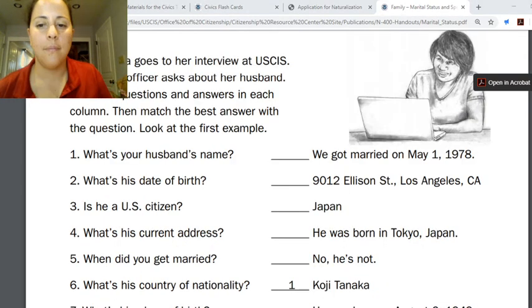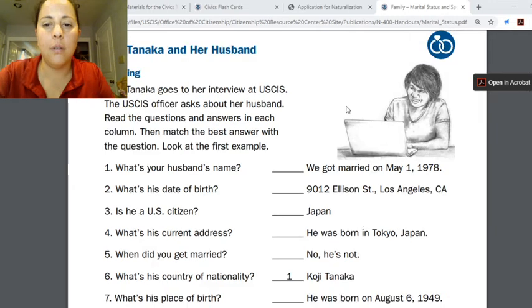Okay, let's see. I can make this smaller and then you can see all of the questions so that you can match the story. I am going to take myself off.